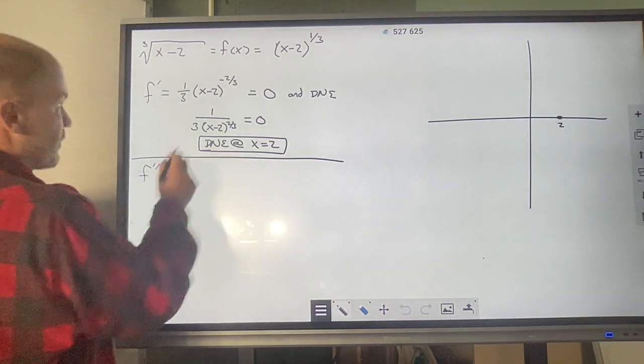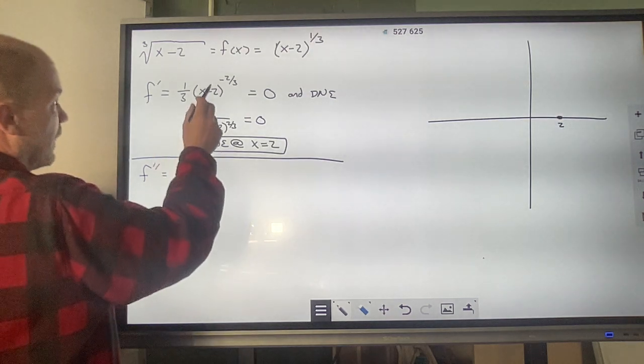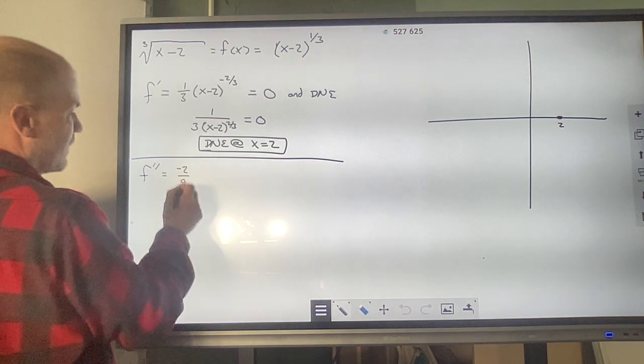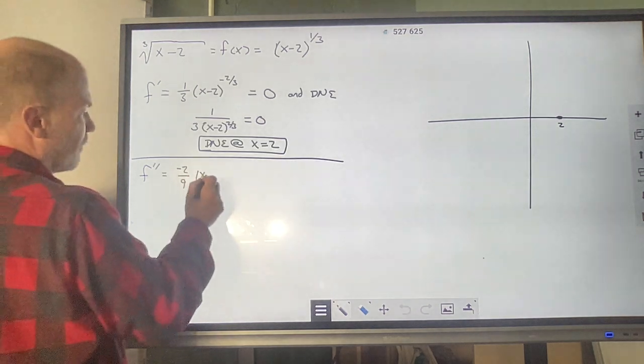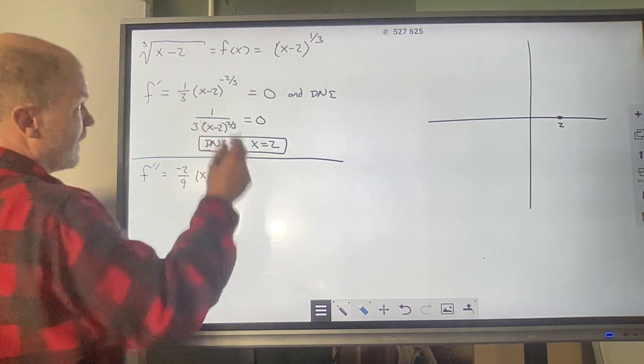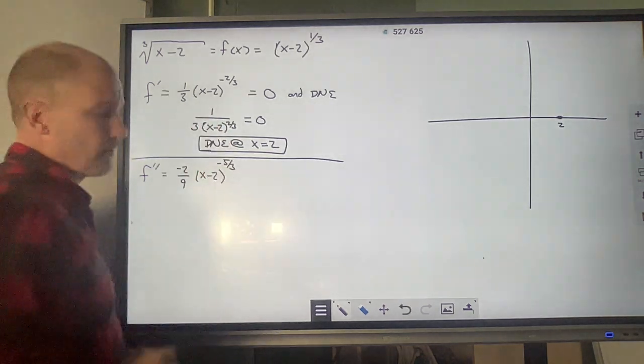And f double prime is the derivative of f prime. So this turns into negative 2/3 times 1/3, which is negative 2/9, times (x minus 2) to the negative 2/3 minus 3/3, which is negative 5/3.